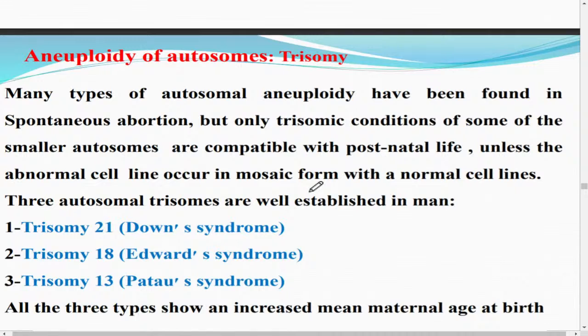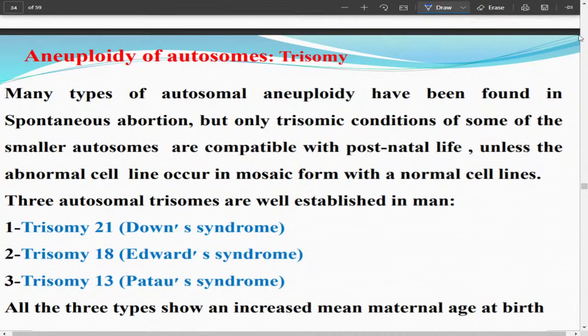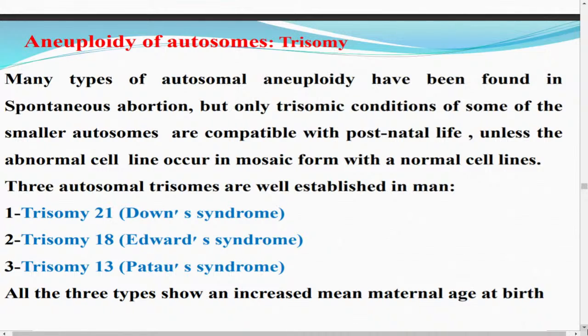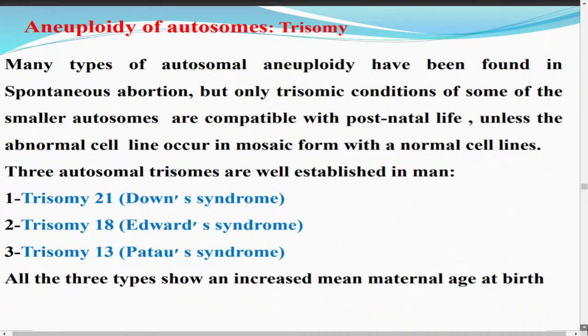We'll be talking about how many types of trisomy aneuploids. Of course, there is aneuploid of autosomes, trisomy, which is the addition of a chromosome.